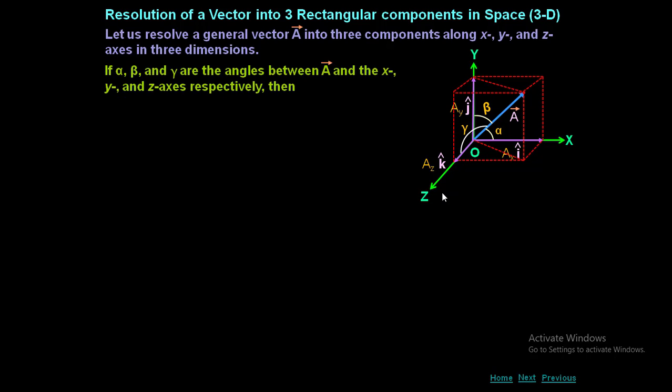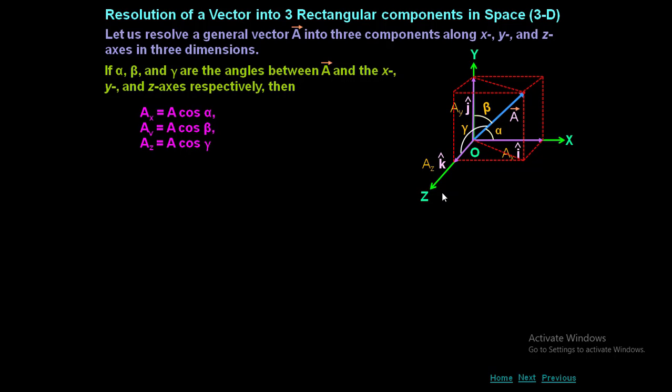If alpha, beta and gamma are the angles between A bar and the x, y and z axis respectively, then Ax is nothing but A cos alpha, because I am taking the component. Ay is nothing but A cos beta along y axis.